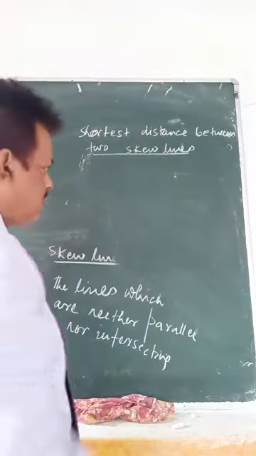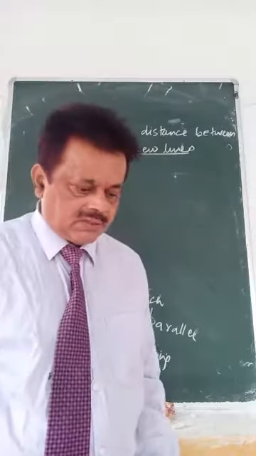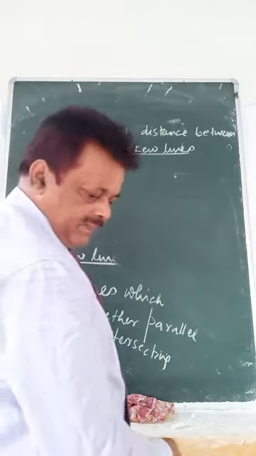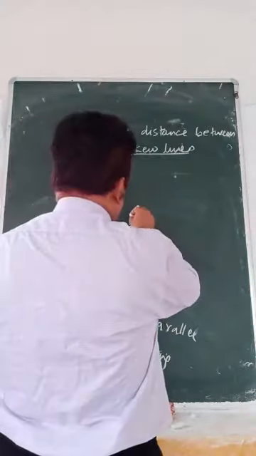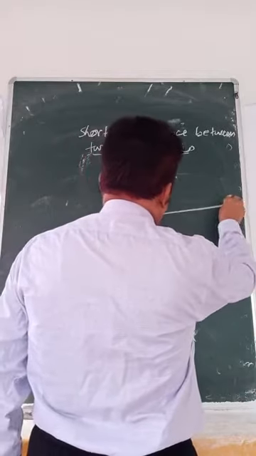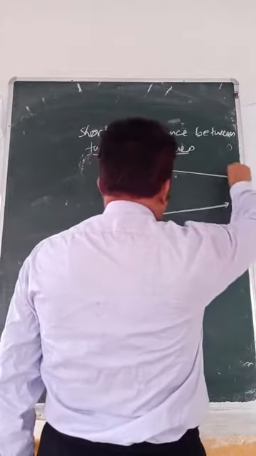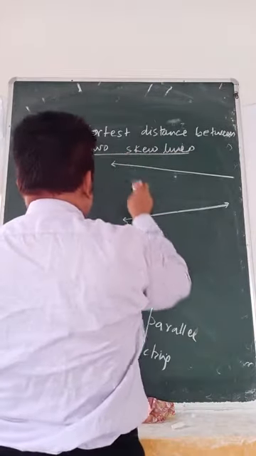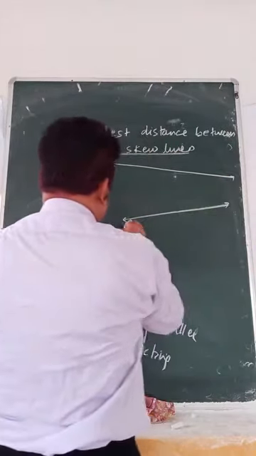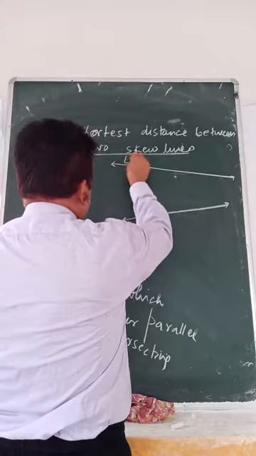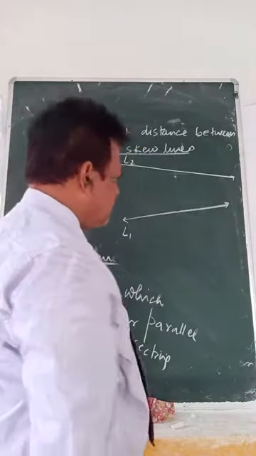Okay, so let's take a situation here. This is one line, this is another line. This is suppose L1, this is suppose L2. Shortest distance.